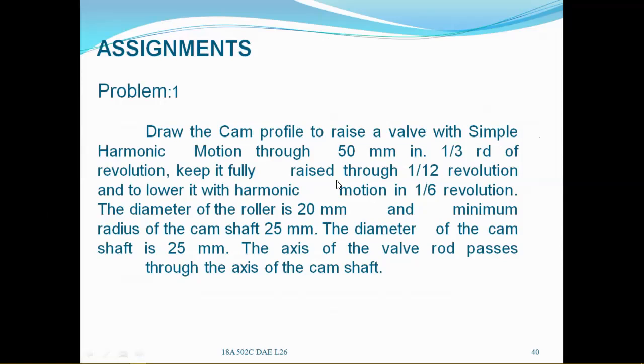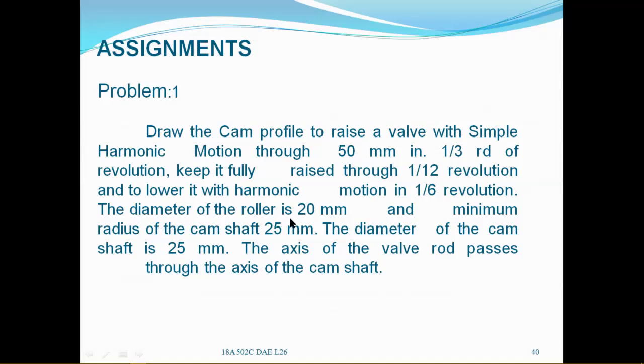Keep it fully raised through 1/12 revolution, that is 30 degrees, the stationary or dwell period. And lower it with simple harmonic motion in 1/6 revolution, that is 60 degrees.